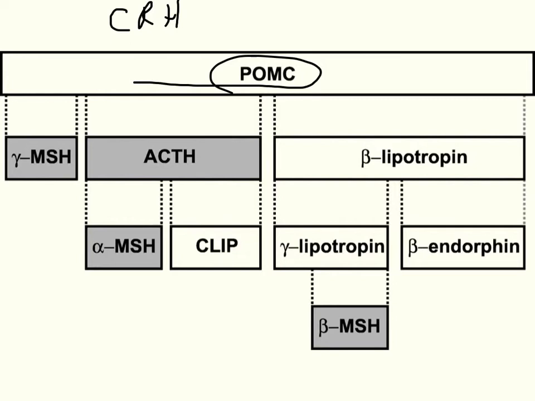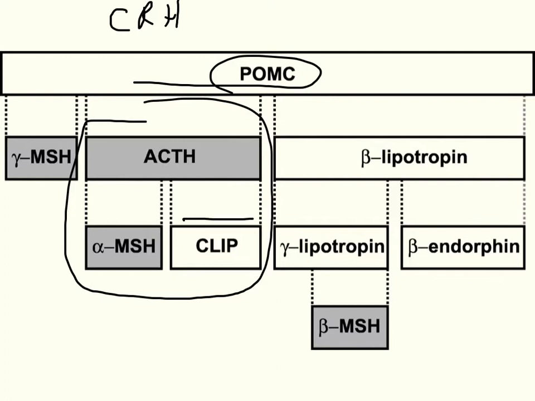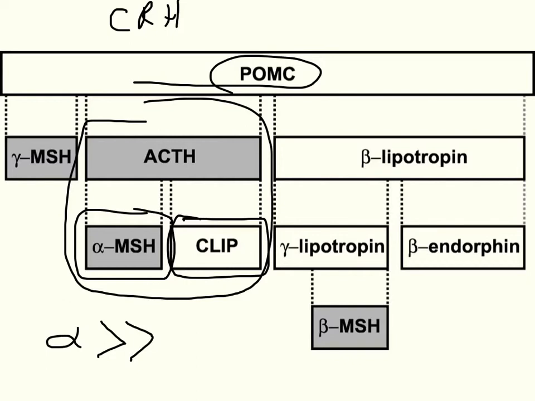Now you'll also notice the ACTH is made up of this piece that can be clipped off, as well as alpha melanocyte-stimulating hormone. Alpha melanocyte-stimulating hormone has much, much greater activity than the gamma or the beta or ACTH at stimulating melanocyte production.